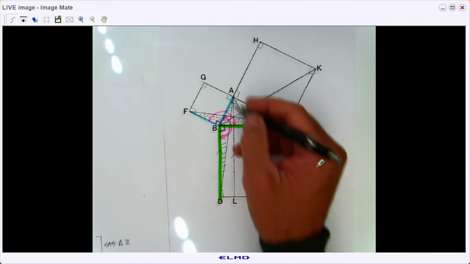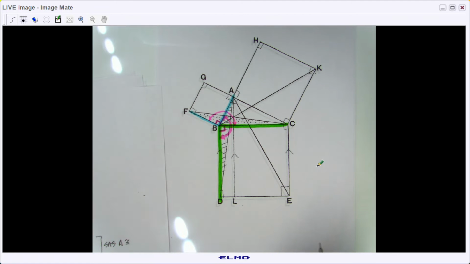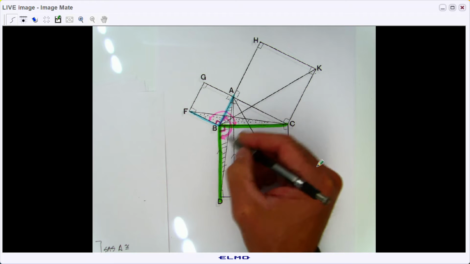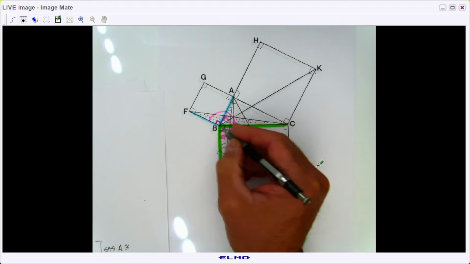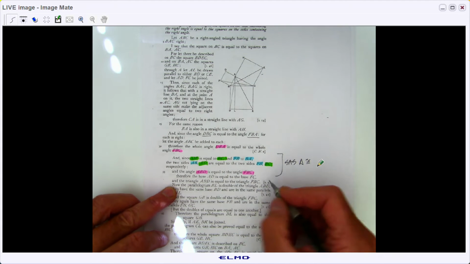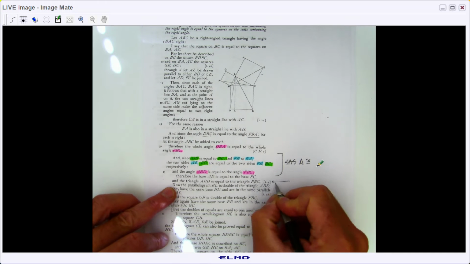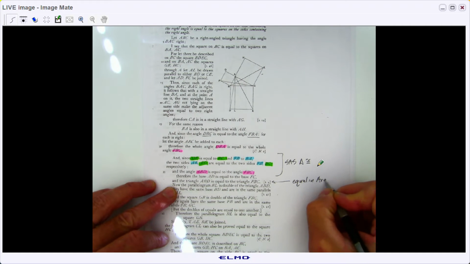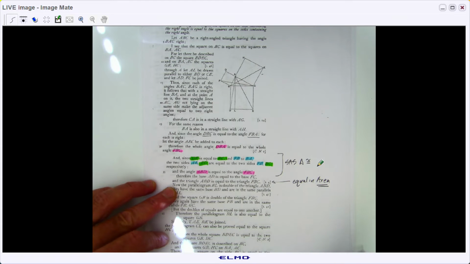So basically, this triangle overlaying that triangle have to be equal because side, angle, side, is equal to side, angle, side. And he says triangle ABD is equal to triangle FBC. By equal, he means equal in area. They're also congruent, right? So either way, equal in area or congruent.